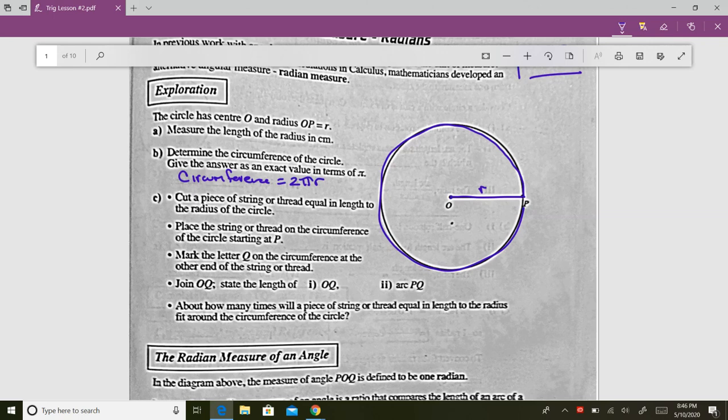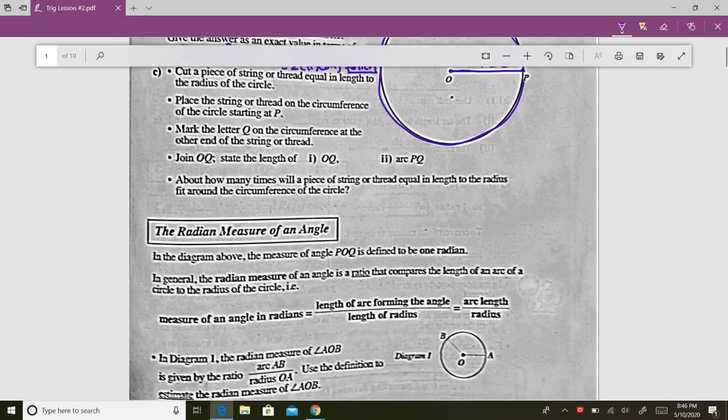So the circumference is all the way around, and it's equal to 2 times pi times r. If I say r is equal to 3 centimeters here, the circumference is 2 times pi times 3 centimeters, which is 6 pi centimeters. You can multiply 6 into pi, but because pi is an irrational number, usually they would just write 6 pi. So that's the distance all the way around. Okay.